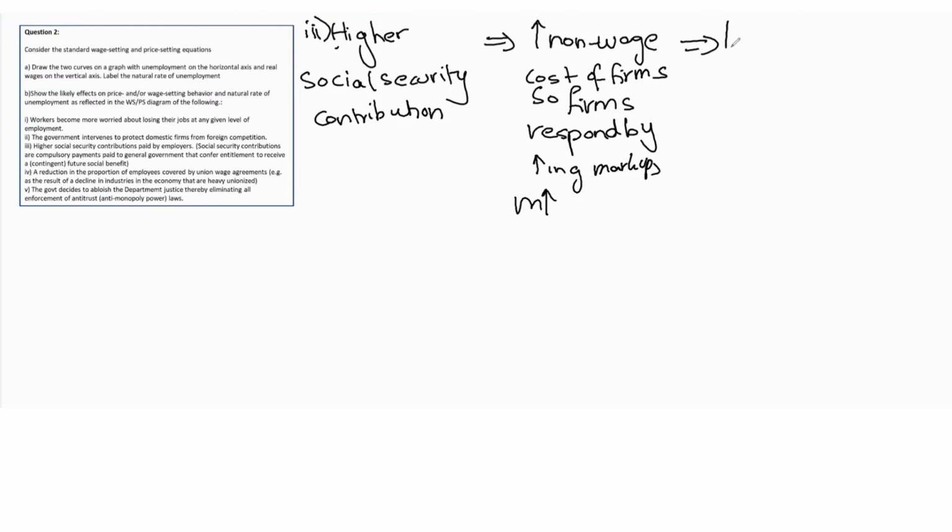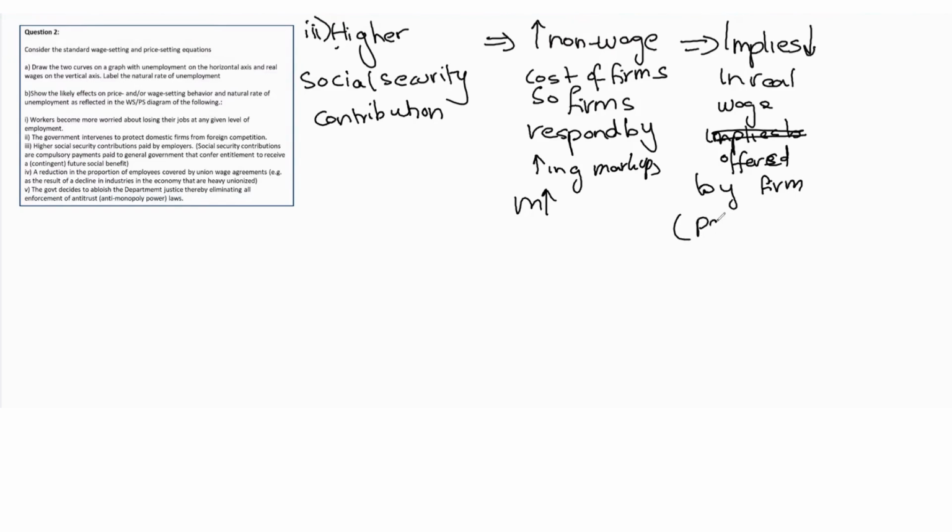When markup increases, this implies a decrease in the real wage offered by firms because there's an increase in price given the nominal wage, so real wage falls. Because we know, like we said, the PS curve shows us the real wage firms are willing to pay. W by P is 1 by 1 plus M.